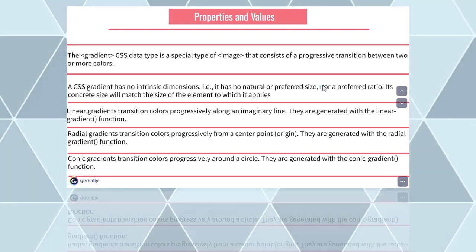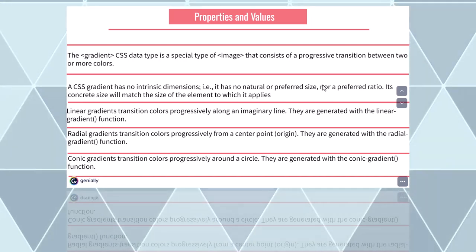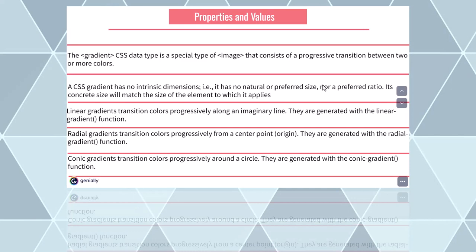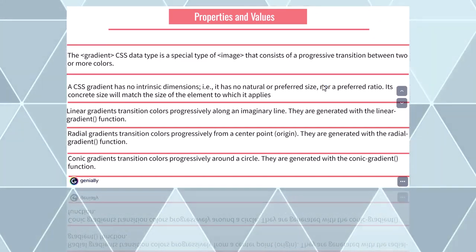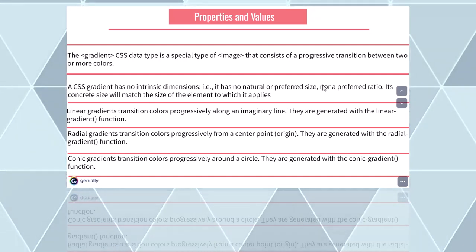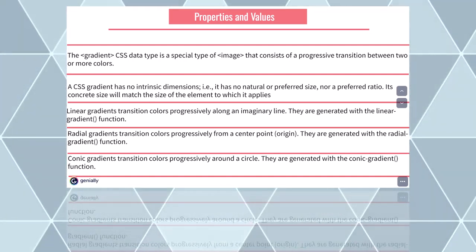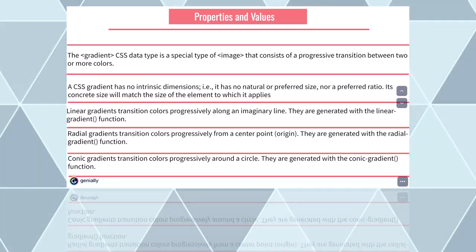The gradient CSS data type is a special type of image that consists of a progressive transition between two or more colors, right? The gradient CSS data type is similar to a property, same thing basically. We'll get to learn that when we do JavaScript.